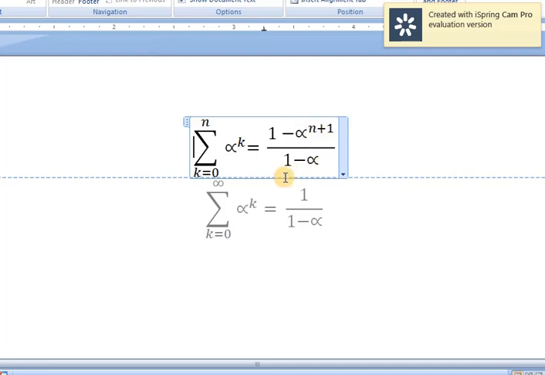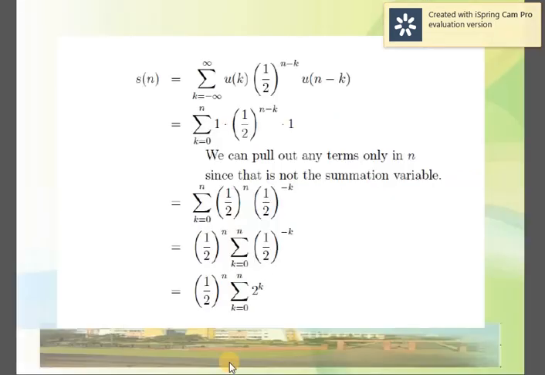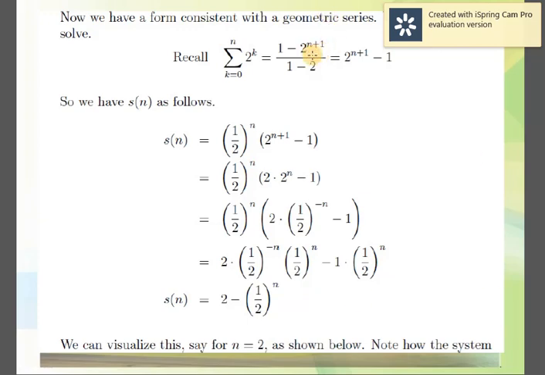By using this, we write the solution this way. So the entire solution becomes half raised to n, and after simplification it gives 2 minus 1 by 2 raised to n.